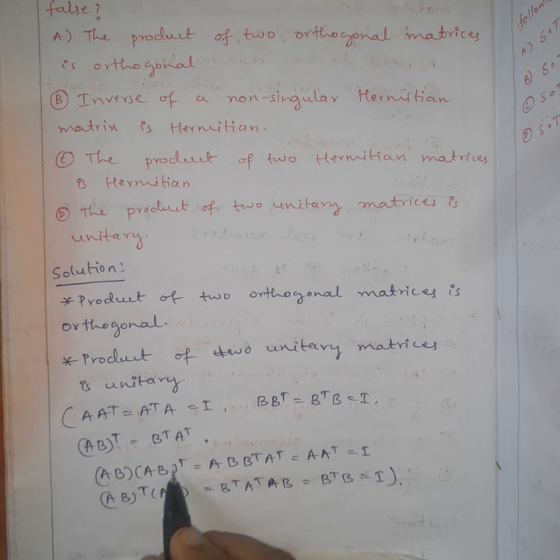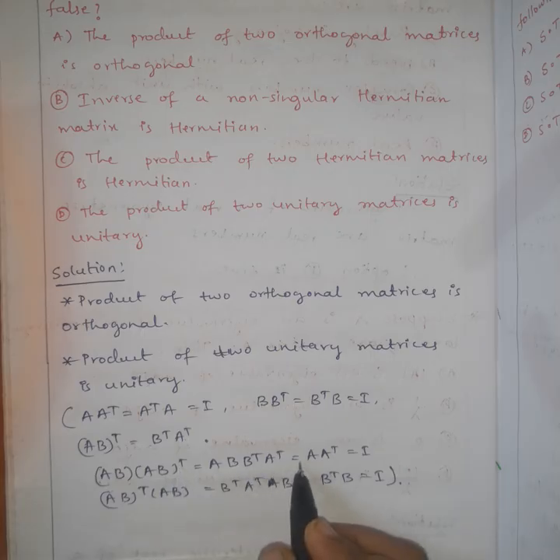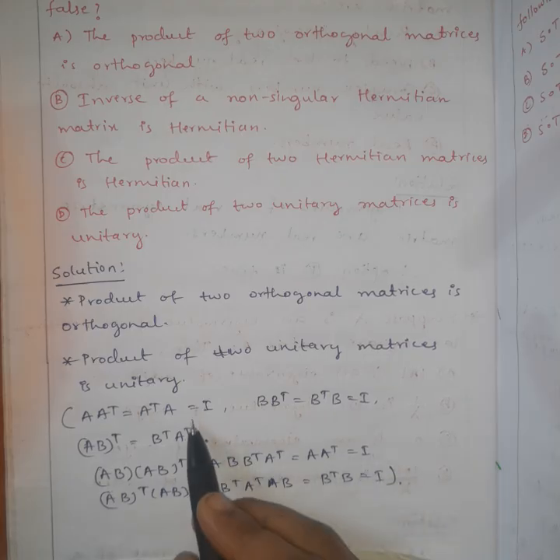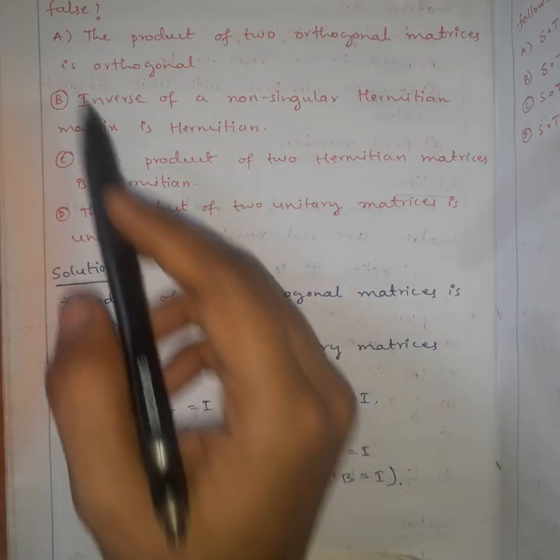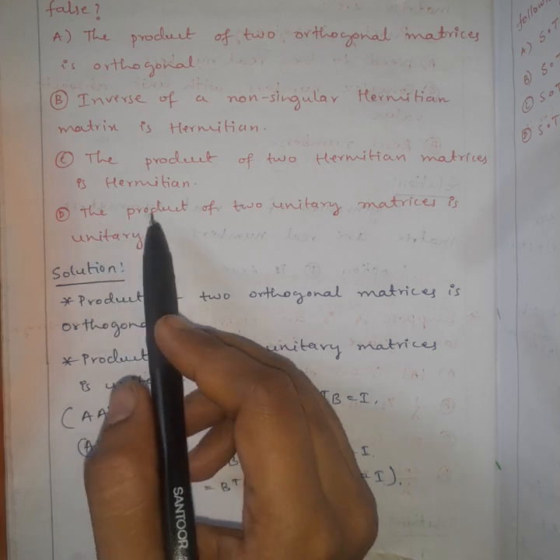Now AB into (AB) whole transpose equals AB into, applying the transpose property, B transpose into A transpose, which is equal to A into A transpose, which is equal to identity. Similarly, (AB) transpose into AB, we get after the calculation, is identity. Therefore, from these two statements, we conclude that the product AB is also orthogonal or unitary. Hence, option A and option D are true statements.